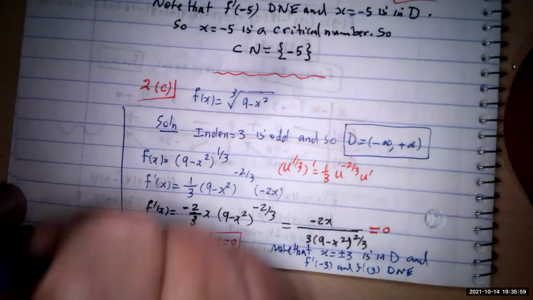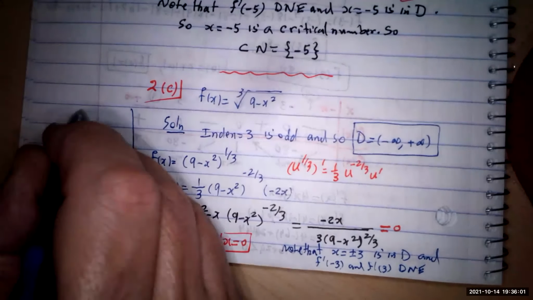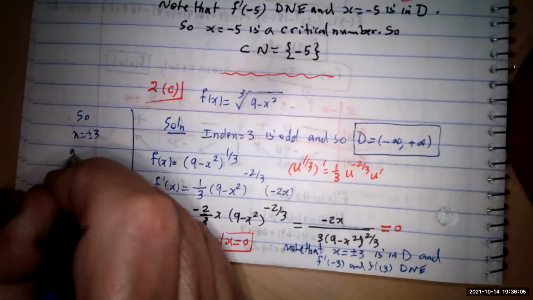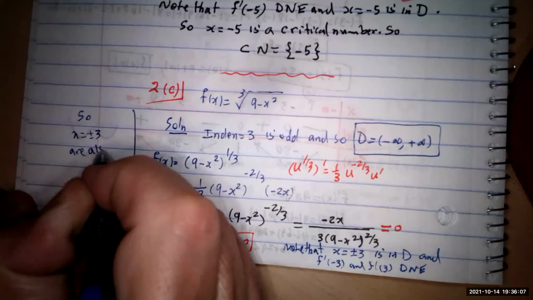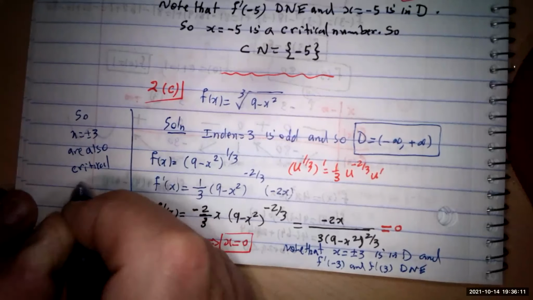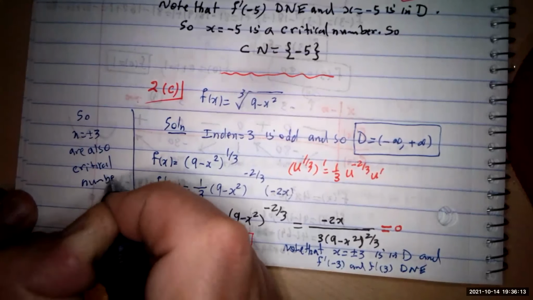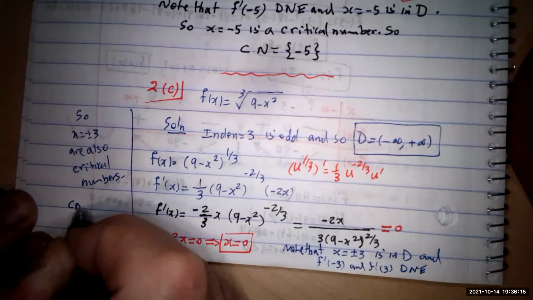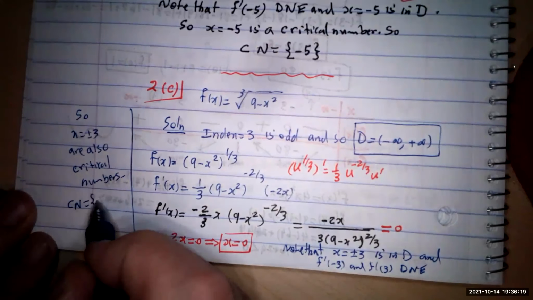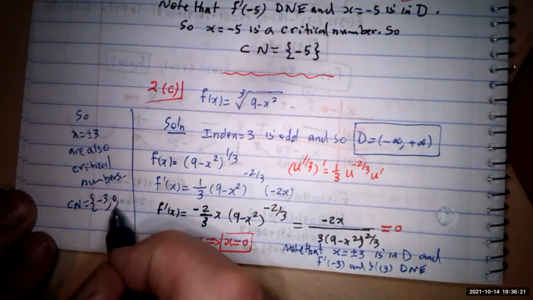So I continue here to finish it. So x equal to the positive and negative 3 are also critical numbers. So the conclusion is going to be critical numbers are going to be 3 numbers. Negative 3, 0, and 3.